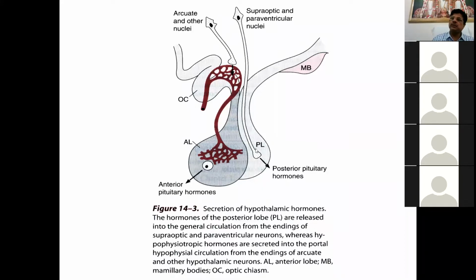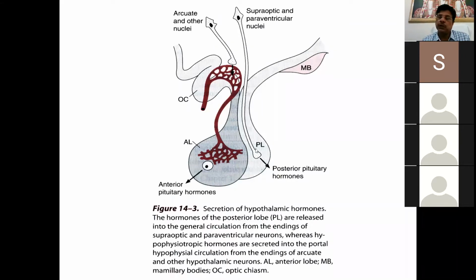So that is the corticotropes. What is the next cell? Gonadotropes. Very good. Gonadotropes are the cells which secrete gonadotropic hormones, FSH and LH. What is the next cell? Thyrotropes.